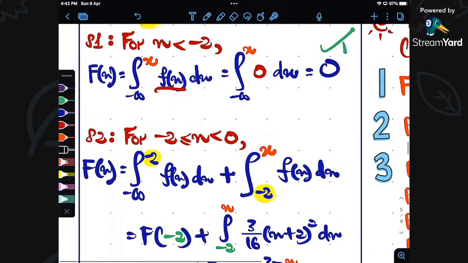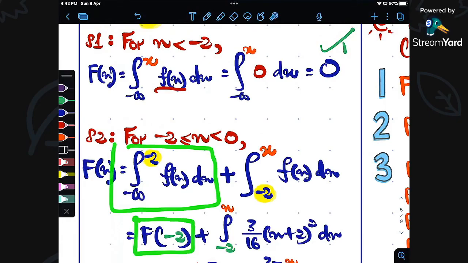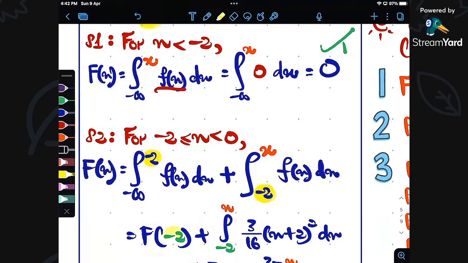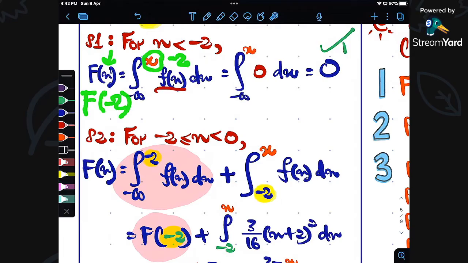Next part is where we gotta solve these things. If you look here, I already did my answers, which is F negative 2, big letter F negative 2. I hope by now you understand why it is big letter F here. It is simply because of the definition. The definition said whatever the number there, let's say this is negative 2, and this will be changed to negative 2.